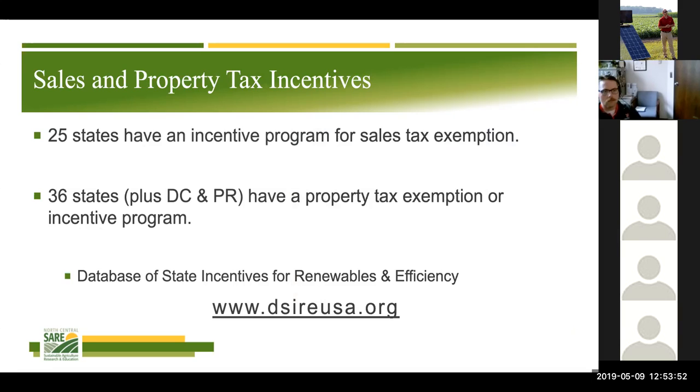This is a resource. If you haven't seen it yet, it's one that John and I will probably highlight several times throughout this series. It's the Database of State Incentives for Renewables and Efficiency, DSIRE, at dsireusa.org. It's a very up-to-date and comprehensive database as it relates to renewable energy policy and incentives.